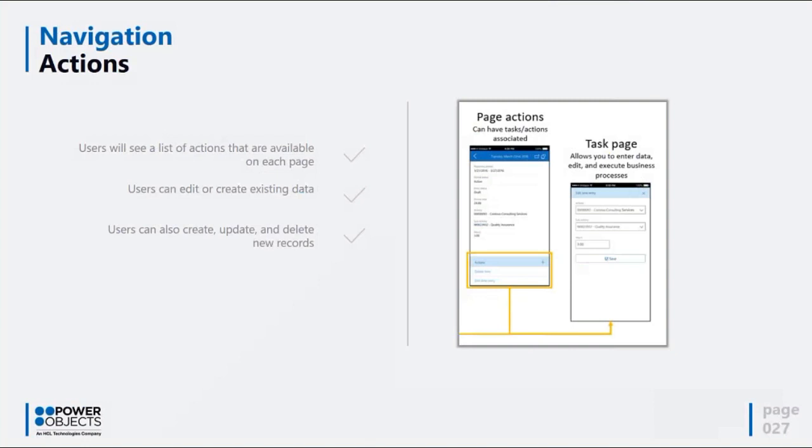If I click that, it's going to bring me up to a task page where I can either select things or enter things relevant to whatever the action is, and then hit save or submit, or however you label your buttons, in order for that action to get kicked off.